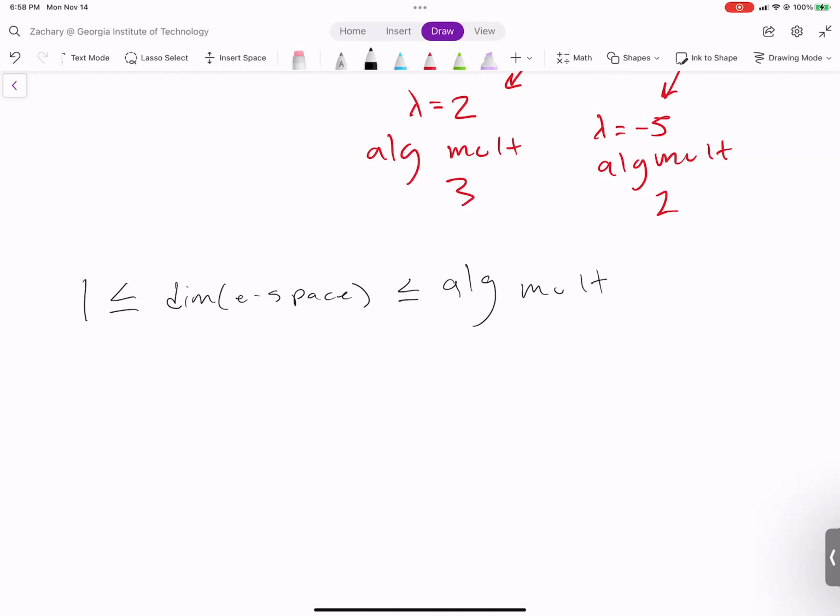And there is a statement that goes along with this that says if you have n distinct eigenvalues, what's the dimension of each of their eigenspaces? For an n by n matrix, it's 1, right? Everything has an algebraic multiplicity of 1.